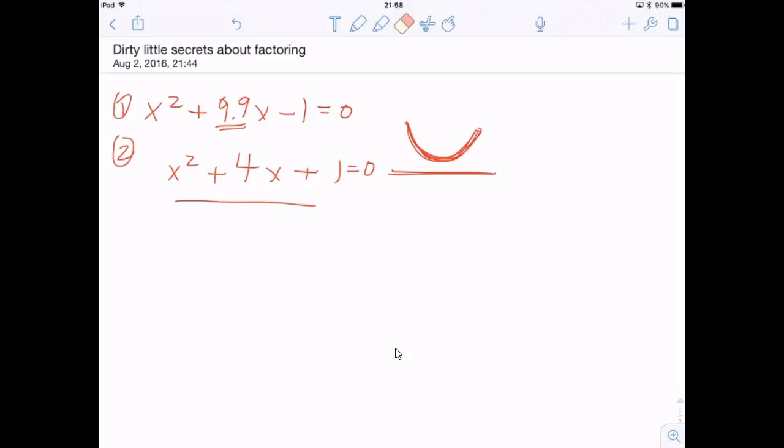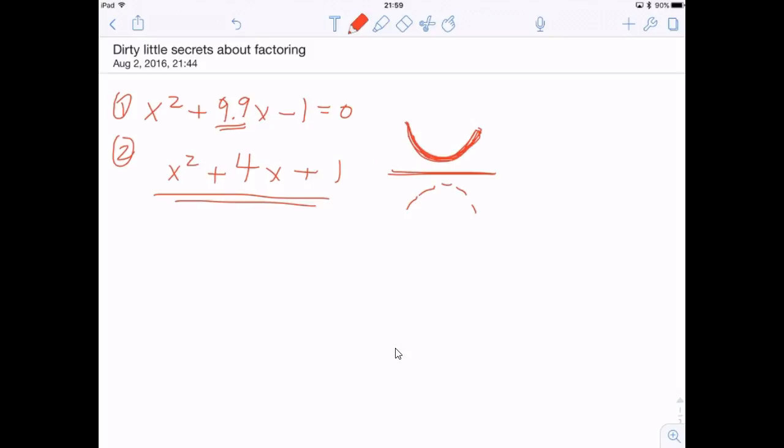So there are certain quadratic equations which you cannot factor. Those quadratic equations are the ones that correspond to a parabola that does not touch the x-axis. Sometimes it's on the top, sometimes it's on the bottom, but it does not cross the x-axis. And there is a way to figure out what we call a complex root of this equation.